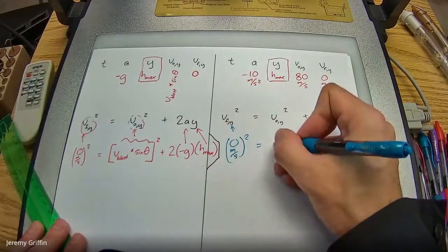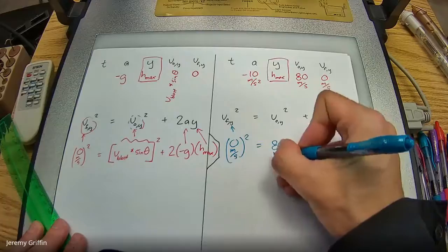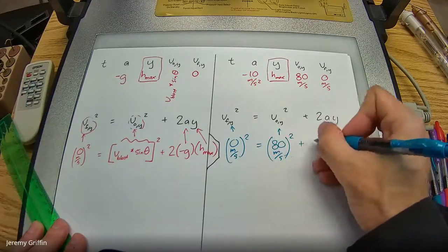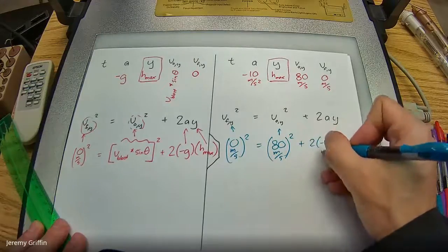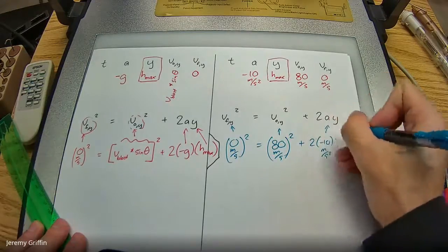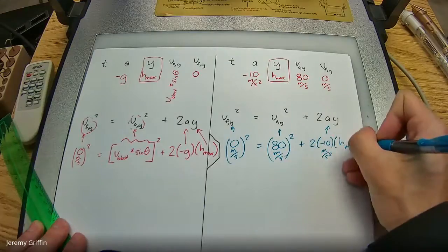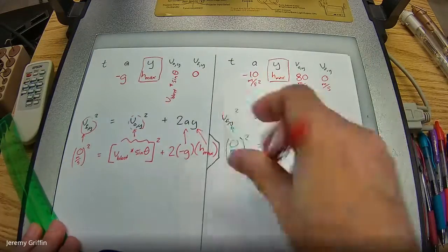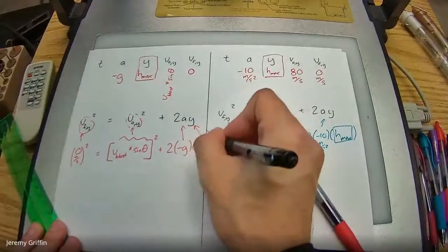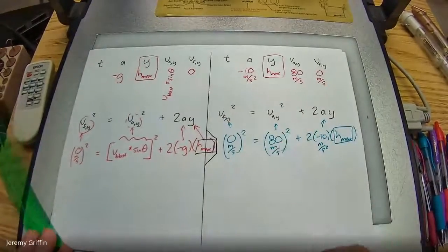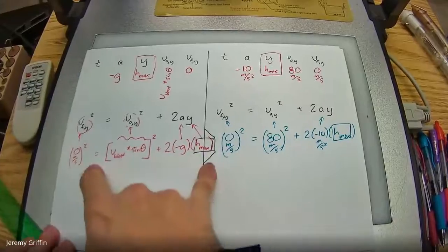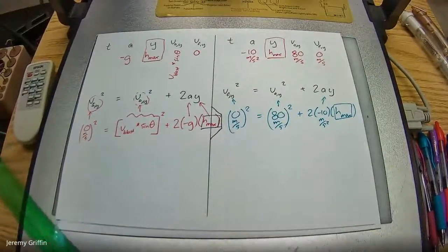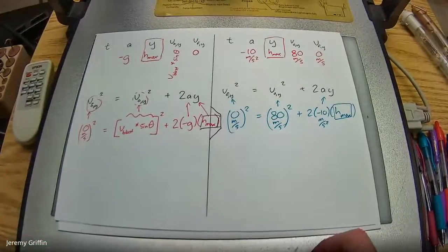It comes from this number, 80, being squared, plus 2 times negative 10 meters per second squared times h max, which we're solving for. Guys good? Okay. So we got it in terms of variables. We got it in terms of the specific numbers for this example. Should tell us the same thing, right?